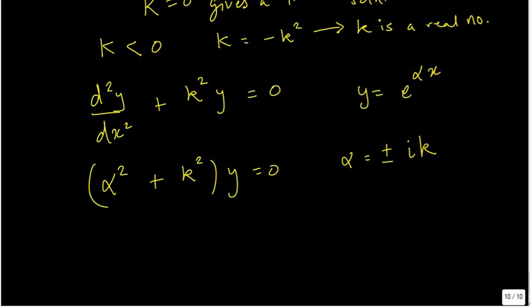Right? So I have two solutions over here, that y is either equal to e to the power ikx or it's equal to e to the power minus ikx. And you can verify for yourself that both these solutions are valid, of course, and a combination of these solutions like C1 plus C2 is also a valid solution. You can check that.